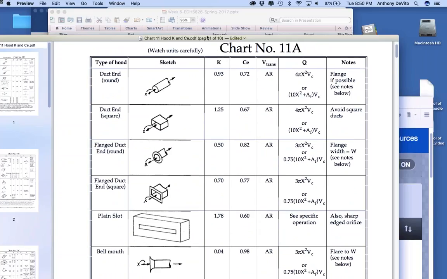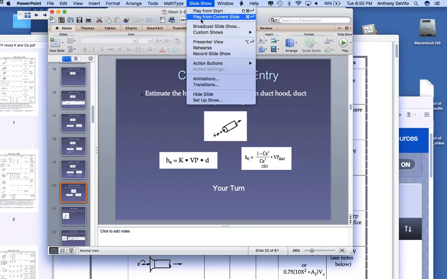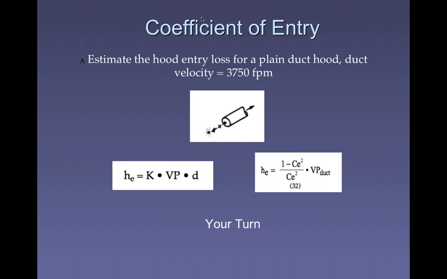So you guys want to calculate that? What are you going to calculate first? Velocity is 3750. You need to convert that to velocity pressure, right?